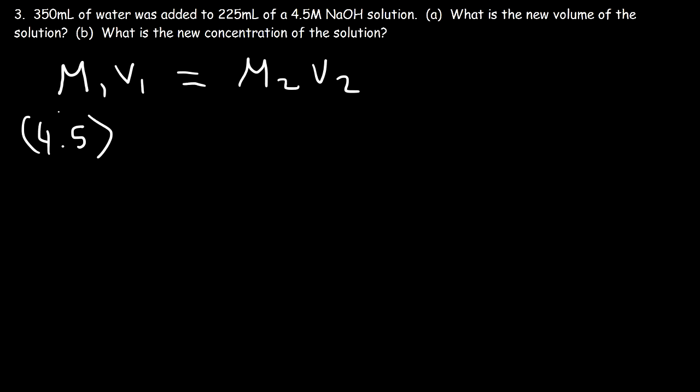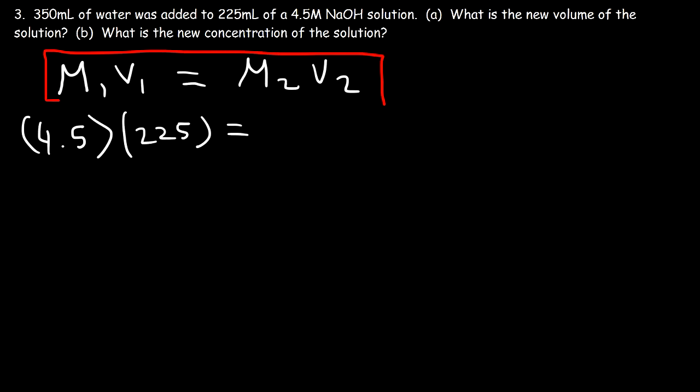The volume that corresponds to this solution is 225. Right now, we don't have the value for M2 or V2, so we can't find V2 using this equation. So we got to find V2 another way. What other way can we find V2?